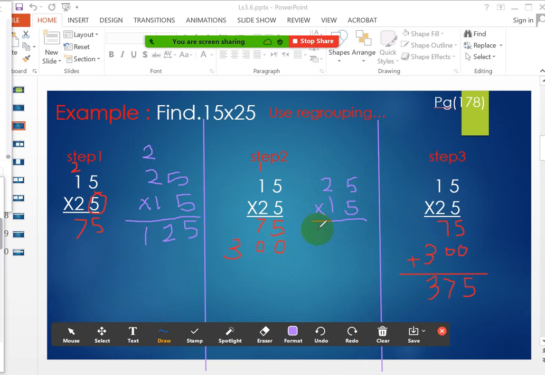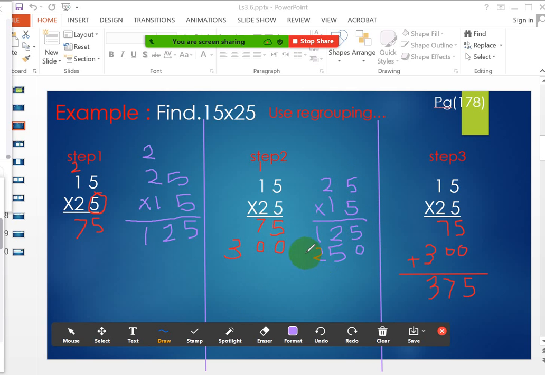So the first number was 125. If I want to take the 1 and multiply it with 25, I have to put 0, as we learned, in the ones digit, and then multiply the tens number. 1 multiply 5 equals 5, and 1 multiply 2 equals 2.